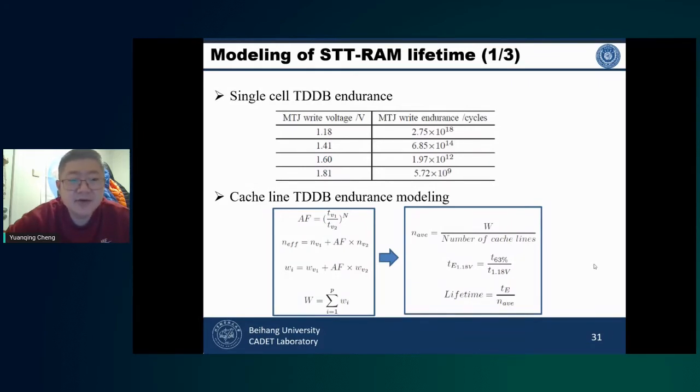And this is the single cell TDDB endurance modeling. With this model, we can extend to one cache line or the total cache array TDDB endurance with these formulas. I will not go into the details of these formulas. If you are interested in the TDDB modeling, you can refer to our papers.